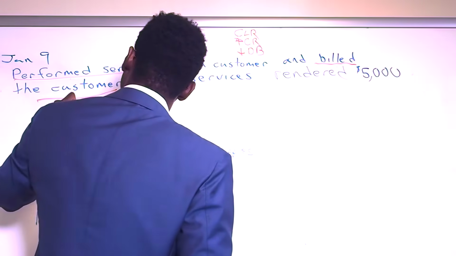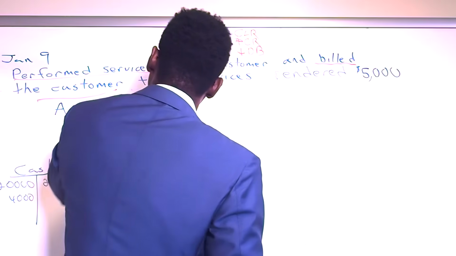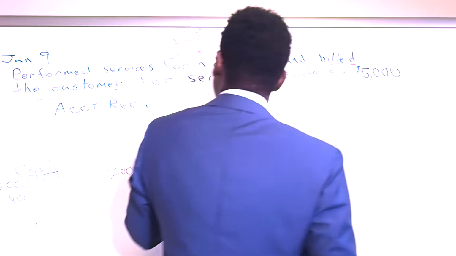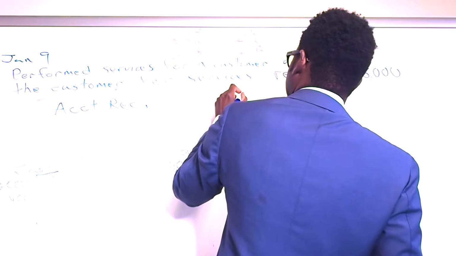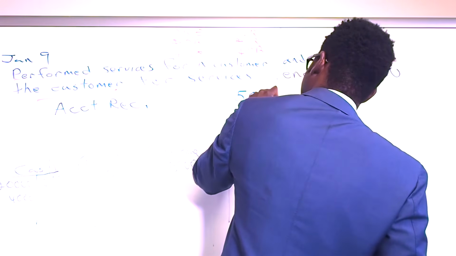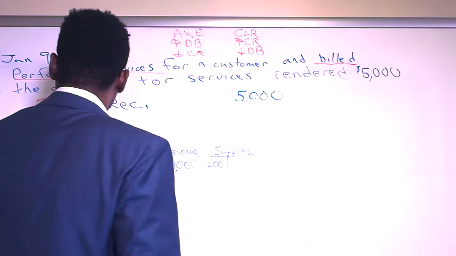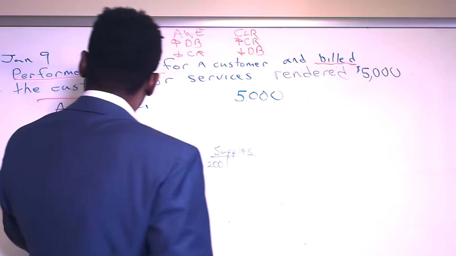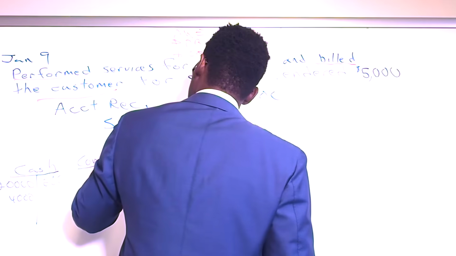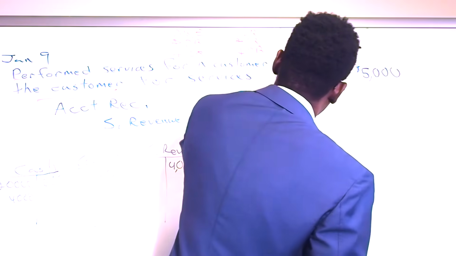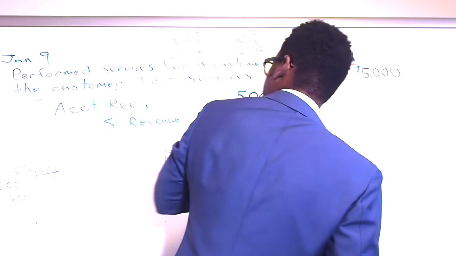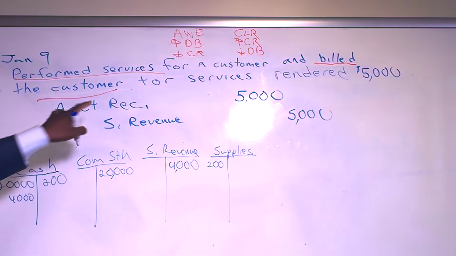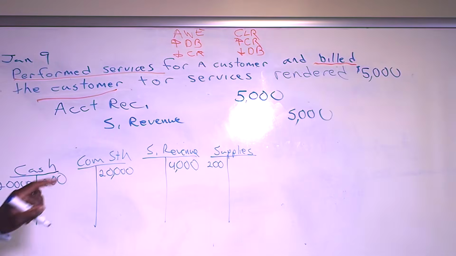So accounts receivable is a long word, but we're getting familiar with stuff, so I'm about to shorthand these account titles. So this was for $5,000. And we are going to credit service revenue for $5,000 as well. Bags on bags on bags. Now that we've journalized into the journal, we have to post into the ledger.